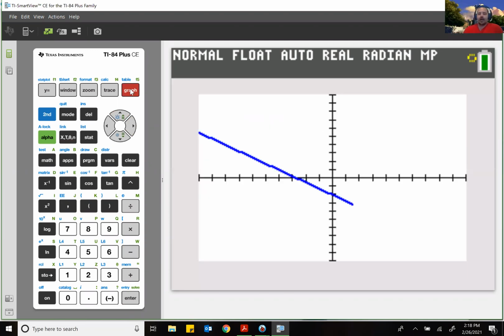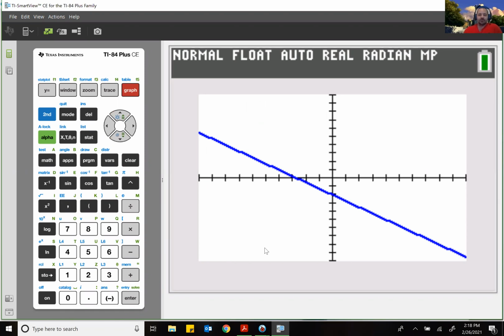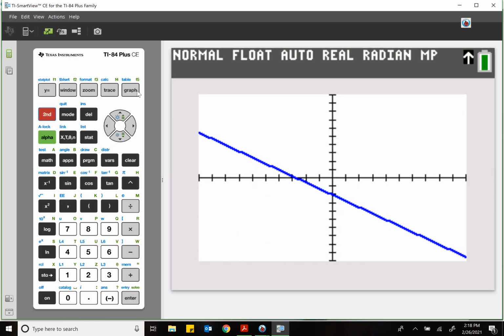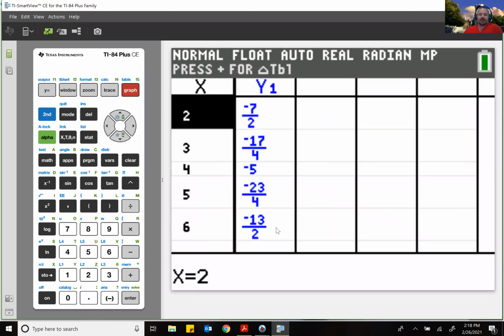So there's my line. I need this on my page. So how can I use this to help me out? Go to second graph and grab 2 points from the table. Yeah, there we go. Let's do that. So second graph, let's look for 2 points. Oh, there's one.